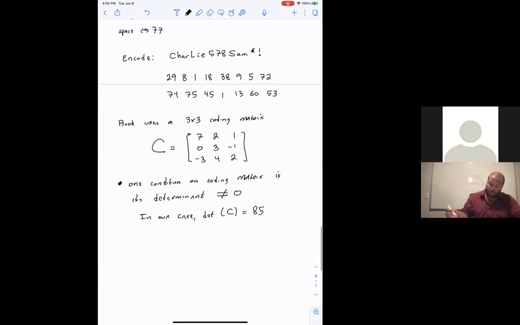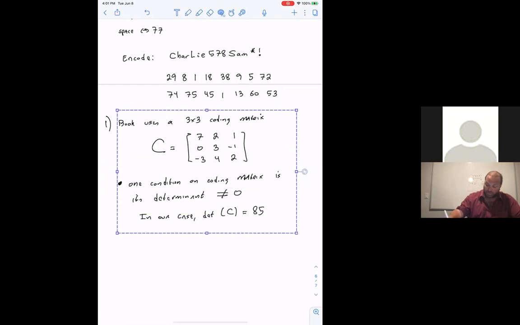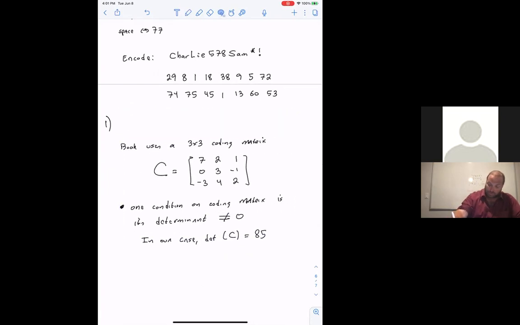So step 1 is: pick a square coding matrix of your choice.